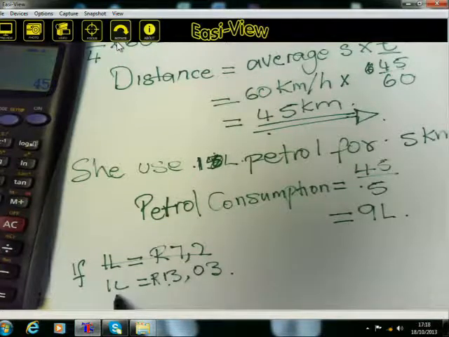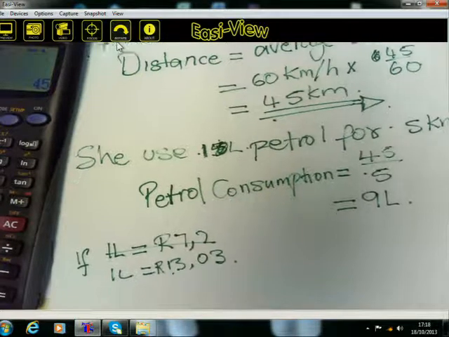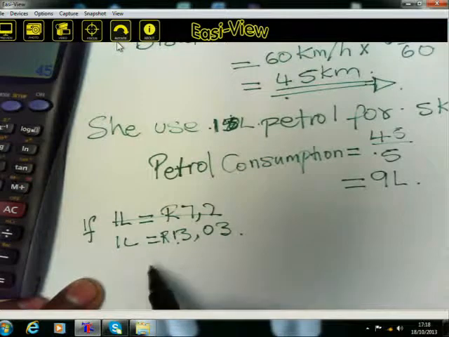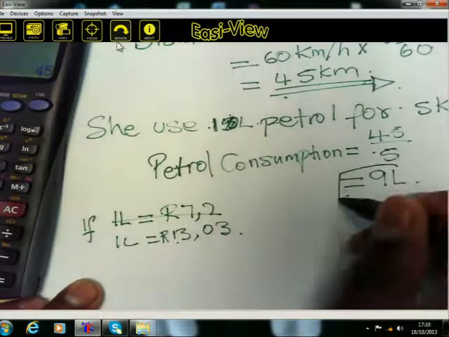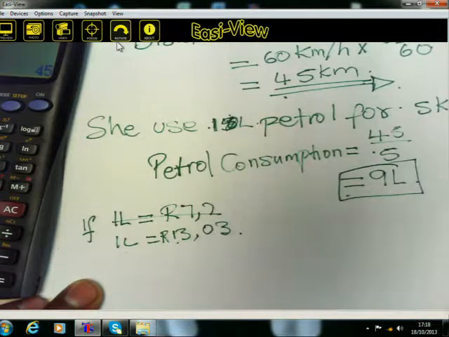Then we know that 1 liter equals 13 rand 3 cent. Therefore, how many liters does she use? She uses 9 liters.